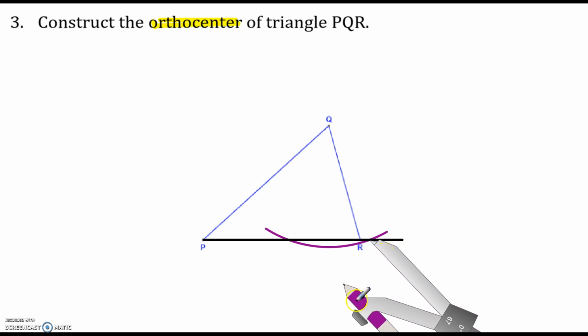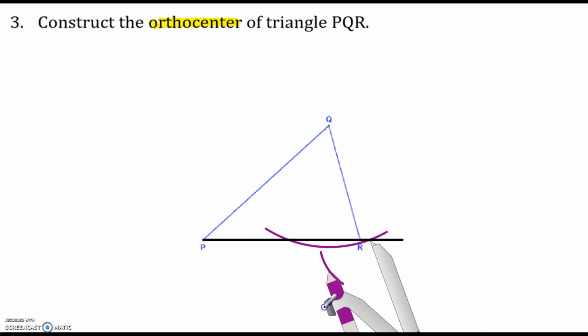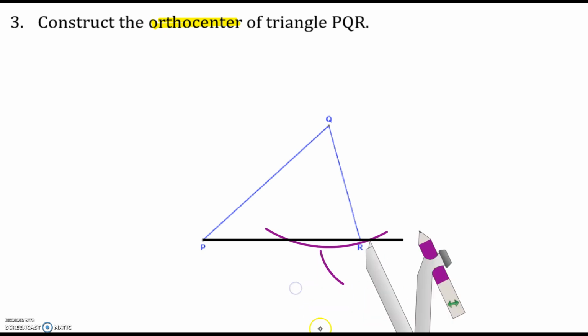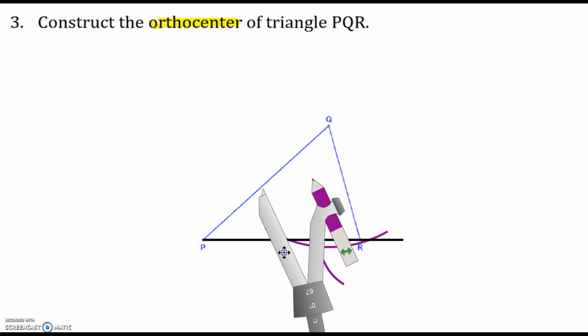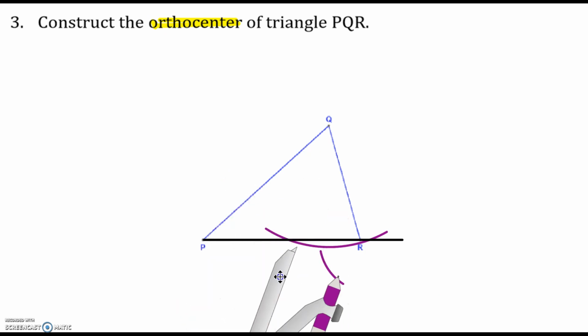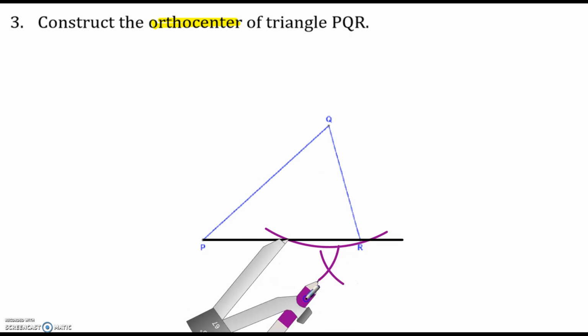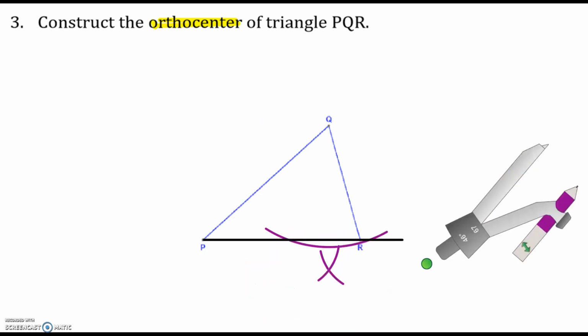And remember, that first arc has to be 1 arc length, and then the second 2 have to be the same radius, but they can be a little different than the first one, as long as it's more than halfway between the 2 intersection points. Okay, and then you can create the altitude that goes through that. So that's one altitude that we needed to create from Q downward.